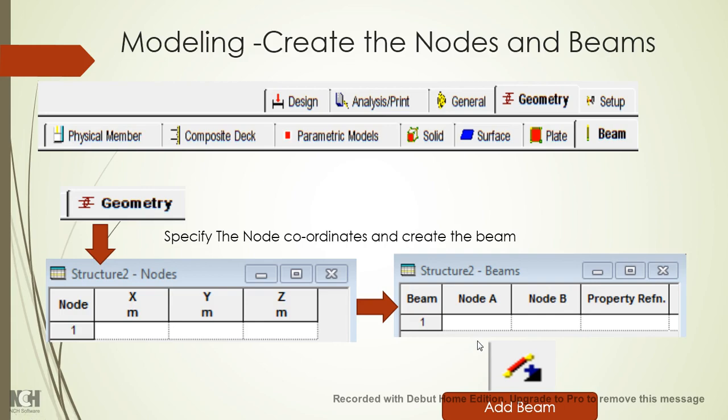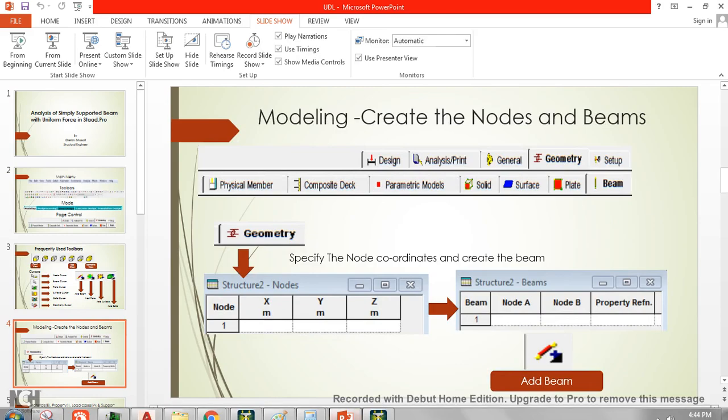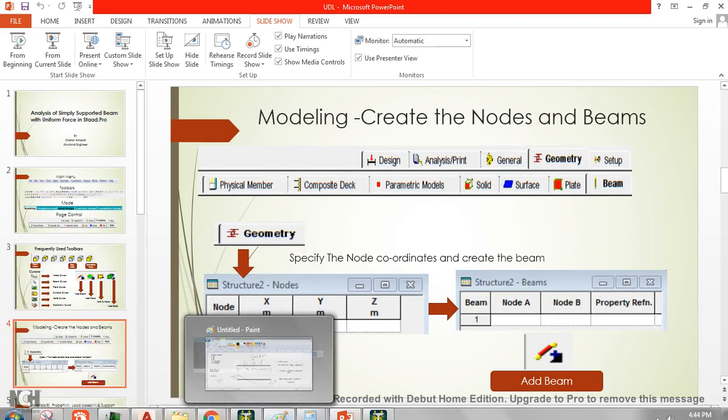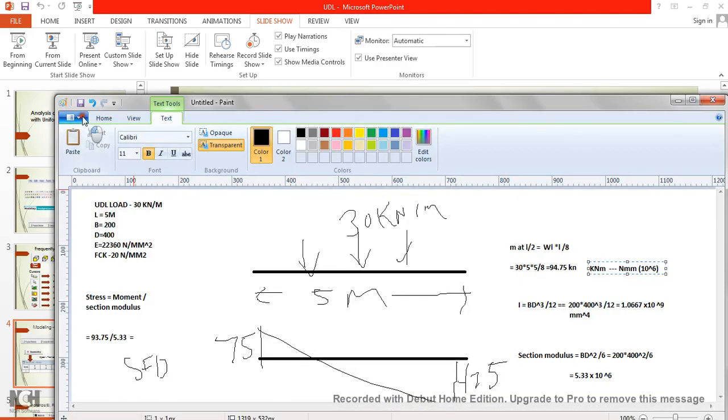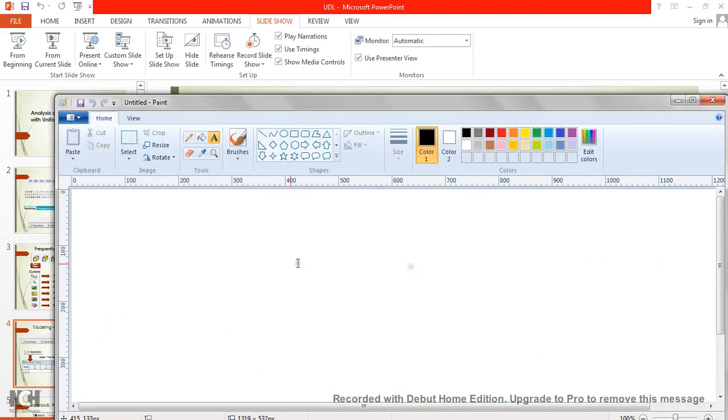Once you type the node coordinates, it will show two bubbles or circles.